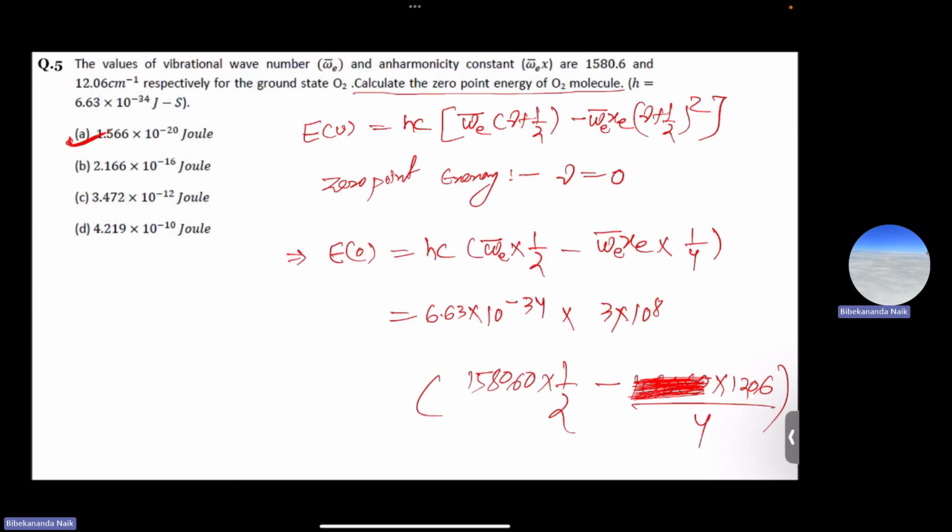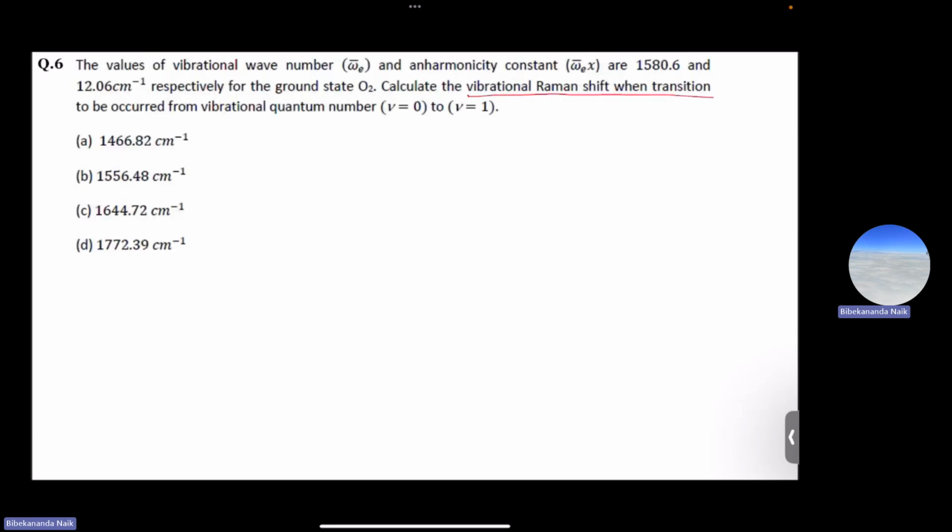Question number 6 and question number 7 both have similar or the same values of the parameters. Then calculate the vibrational Raman shift when the transition occurs from vibrational quantum number v equals 0 to v equals 1.